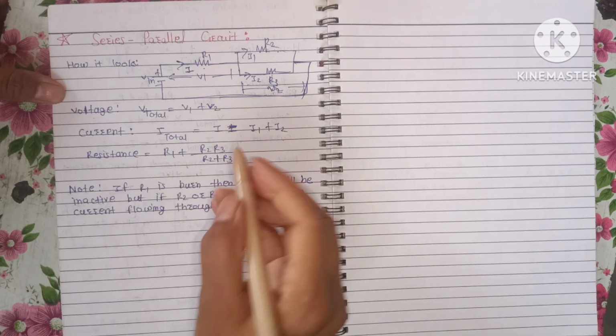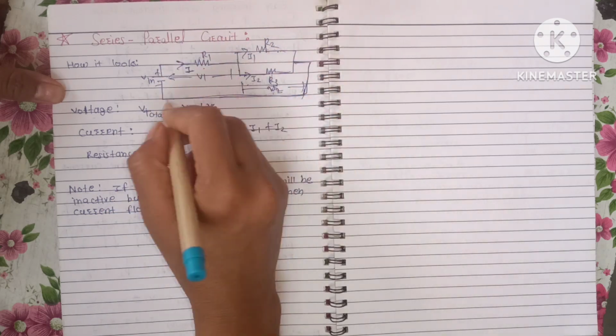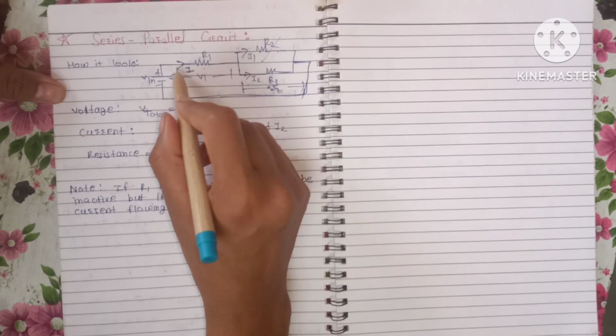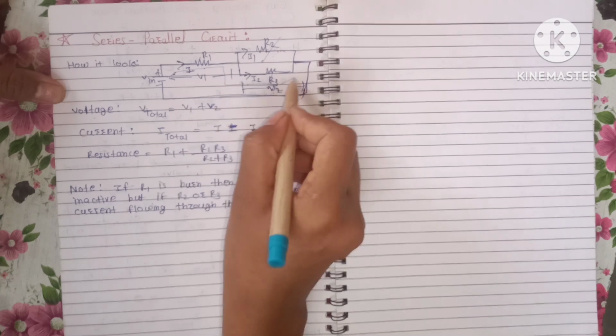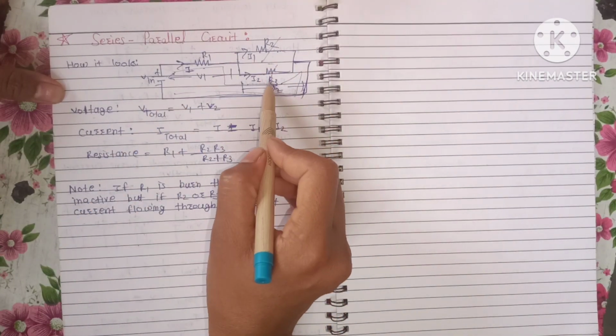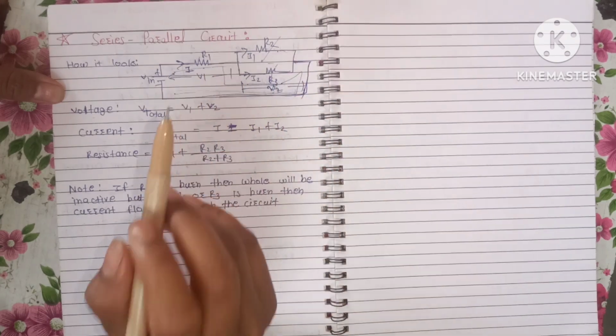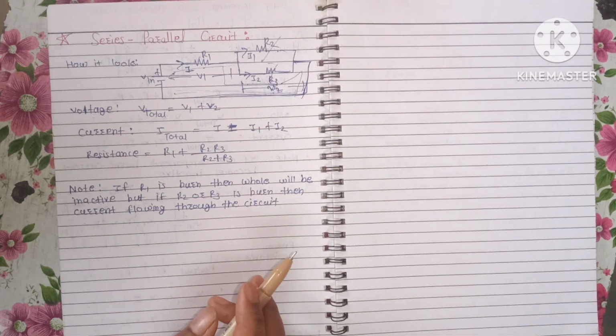It means if R1 is broken, this branch is broken, so no current flows through this circuit. But if R2 is broken, the current flows through R1 and R3 and closes the path. If R3 is broken, then the current flows through R1 and R2 and through this branch and completes the circuit.